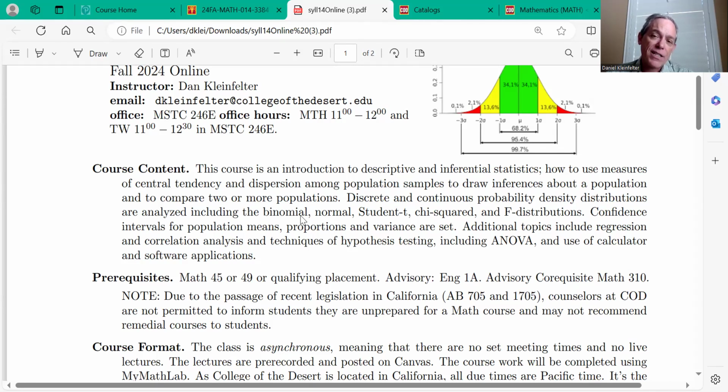You can't crash test every single car before it's sold, of course. So some cars are selected and crashed to see how they do. All right, that's the idea of sampling. And then based on the results of what happened in the sample, we make some sort of a decision about a population. In short, that's what the class is about. All the rest of it is formulas and terminology and procedures that we learn to answer these questions.